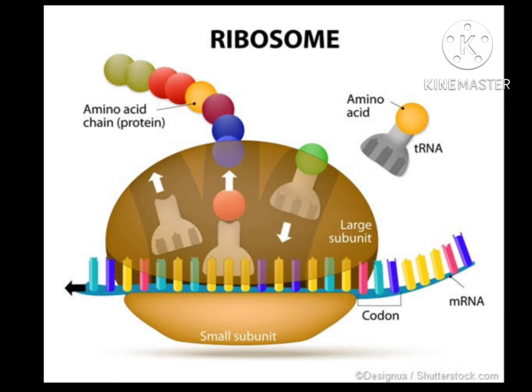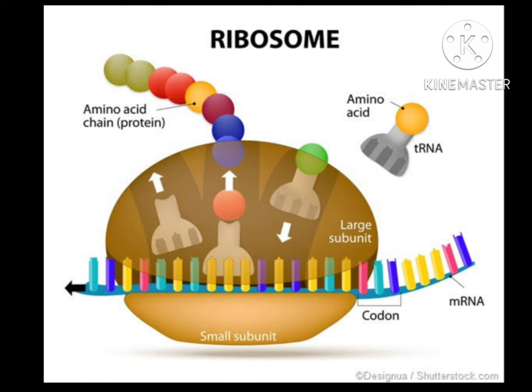If the magnesium concentration is low, they do not attach, instead they detach. And when the magnesium concentration decreases, the production of ribosomes also decreases. So magnesium plays a main role in the production of ribosomes.